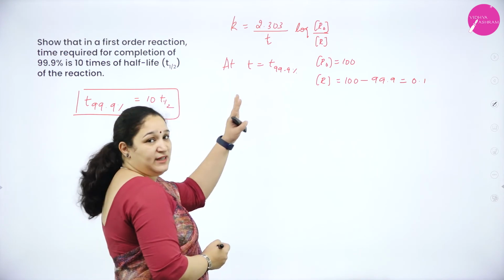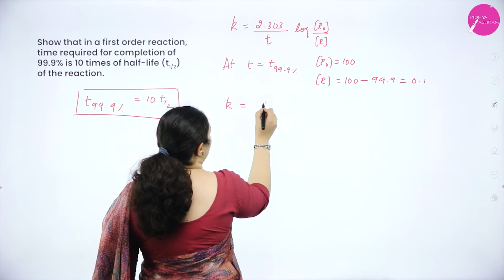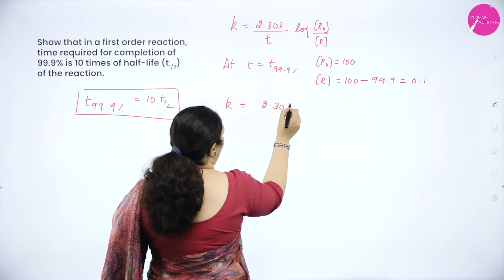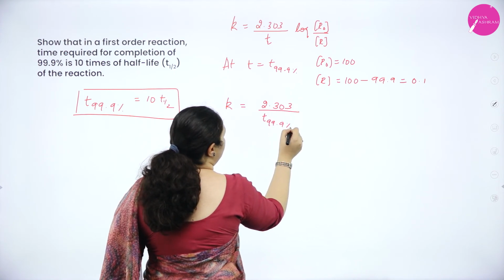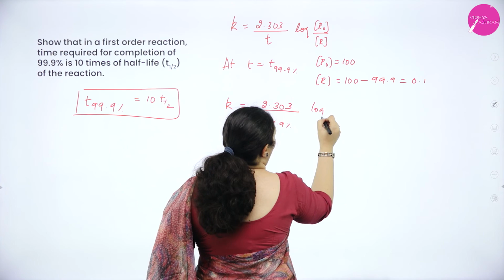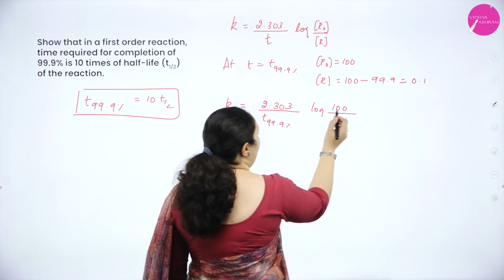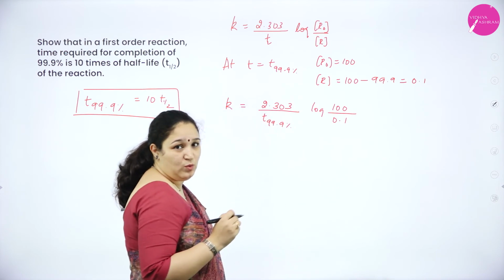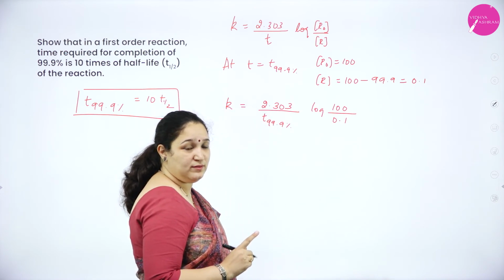So now substituting this in the above equation, I'll get K is equal to 2.303 by T 99.9% log of 100 by 0.1. So log 100 by 0.1. What is 100 divided by 0.1? It is 1000, isn't it?